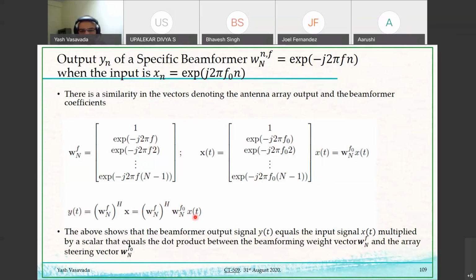Do you remember what this dot product was? Radhika, what do you think? Are you there, Radhika? Soumya, do you remember what this dot product was? Soumya, if you're there, you can speak out.